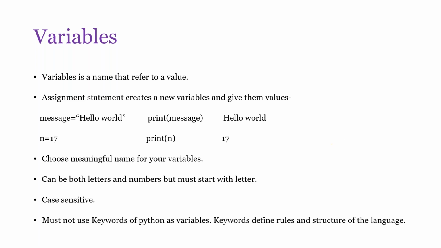That's a very simple thing. And now you must not use the names of keywords that are predefined in Python for your variables. There are a few keywords that have been built into Python by the people who developed this language. You should never use these keywords for your variables, otherwise you will get an error.